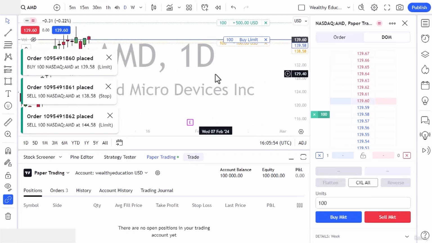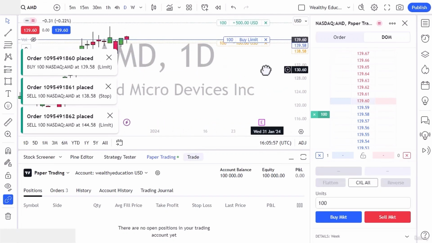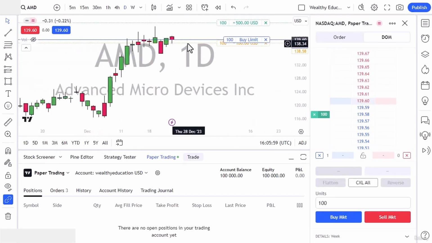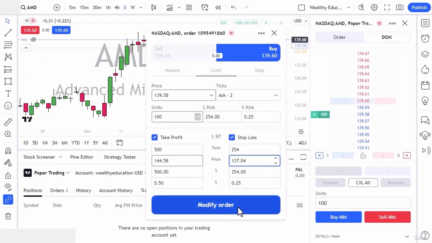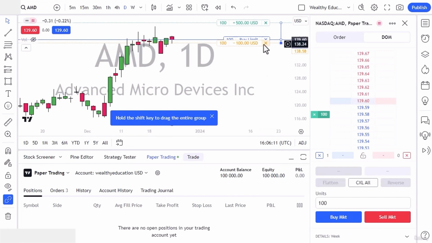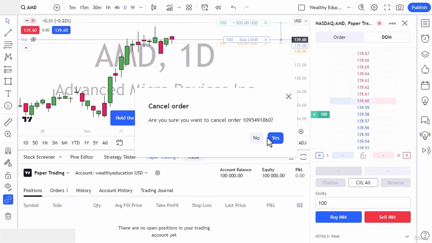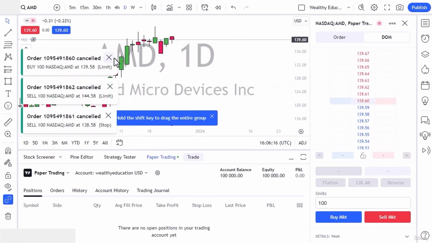So let's go ahead and zoom in. And you can see that if it drops a couple of ticks, it'll buy it. It'll take profit there, and it will move the stop loss there. Now, I can manually move all that, and then click modify order. And I can also cancel the order just by clicking the X's.